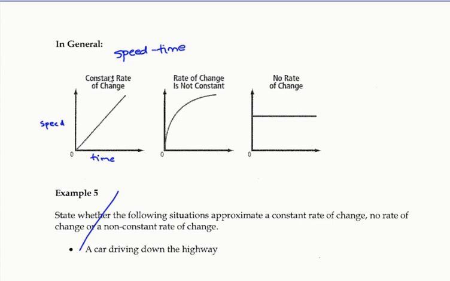So what does this straight line mean? Is my speed steadily increasing? Yes, so it's a constant rate of change. Then rate of change is not constant, and then no rate of change. That's just a general review, very similar to physics, something you'll see in Science 10.